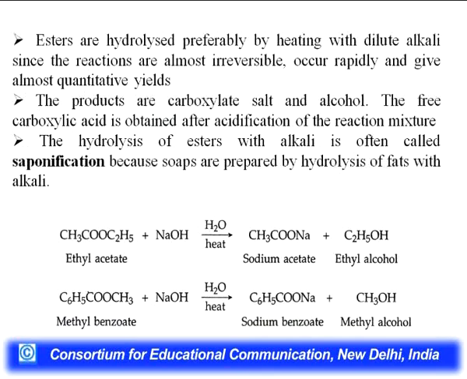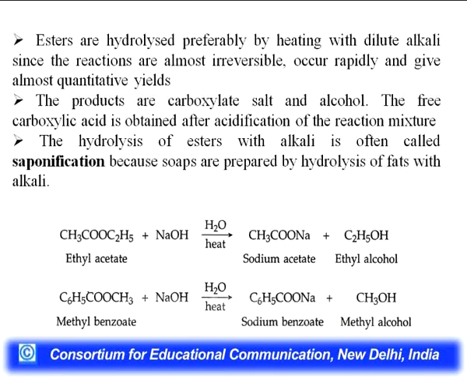Esters are hydrolyzed preferably by heating with a dilute alkali, since the reactions are almost irreversible, occur rapidly and give almost quantitative yields. The products are a carboxylate salt along with alcohol. The free carboxylic acid is obtained after acidification of the reaction mixture.